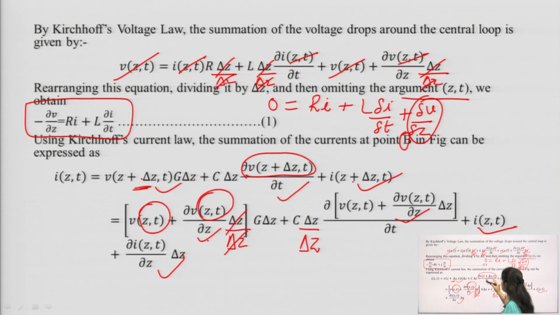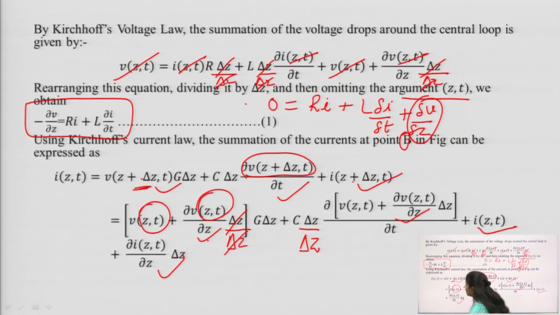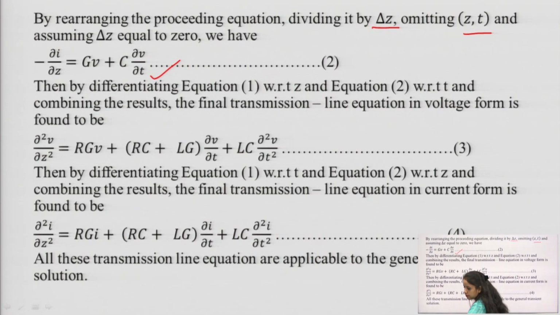Try to do it yourself, same as which we have done in this expression. For getting this expression, you are able to get the current equation, which comprises minus del I by del z equals GV plus C del V upon del T. Thus, the process is similar to this equation.